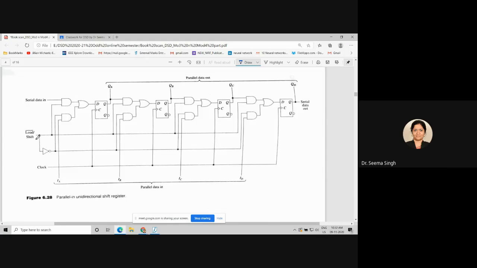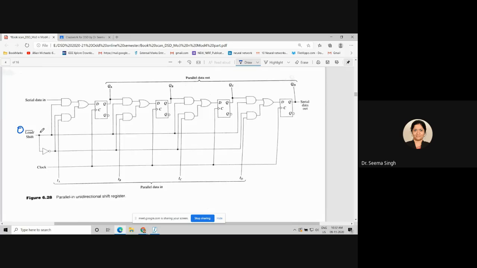Now you see what will happen if I make load equal to 0. It is an active low signal, so load equal to 0 means I am activating load. Activating load means data is being loaded.